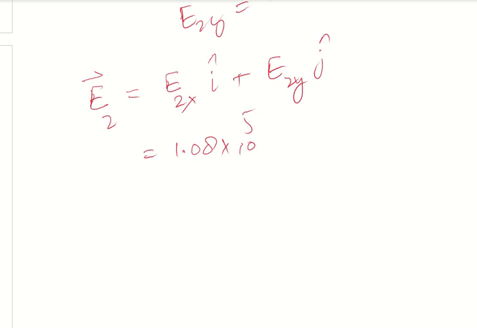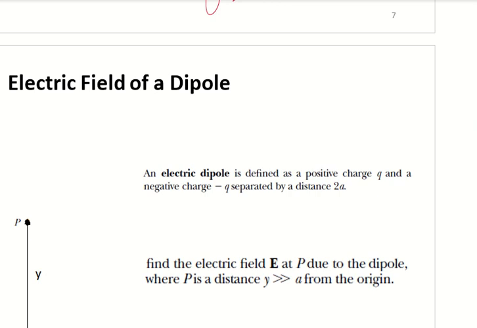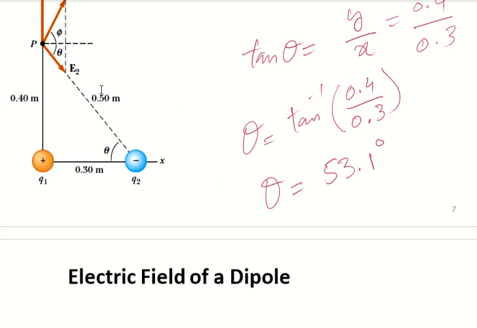And remember, although in the formula we have to write like this, but if you see from the figure, pay attention please, E2 is pointing in this direction, so E2y will be pointing down.